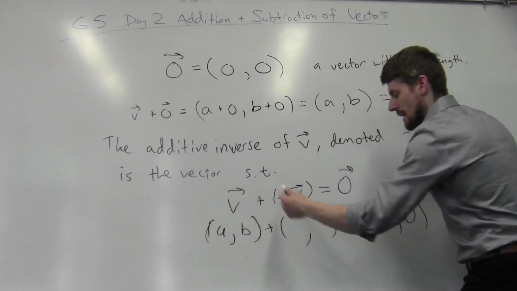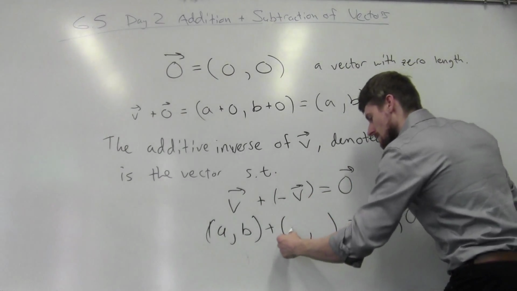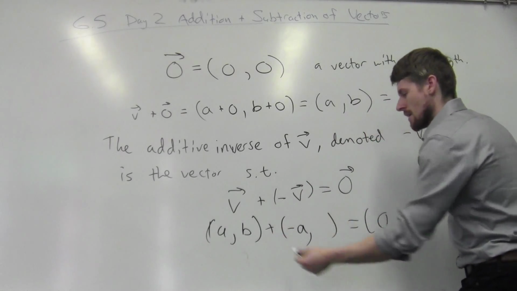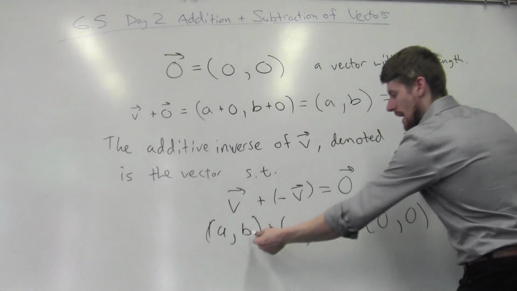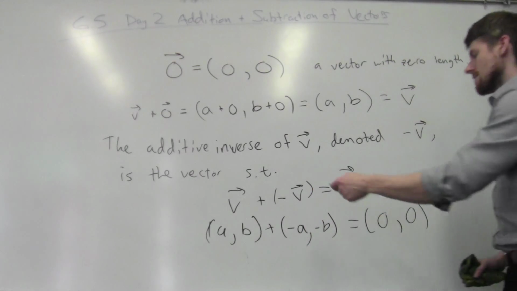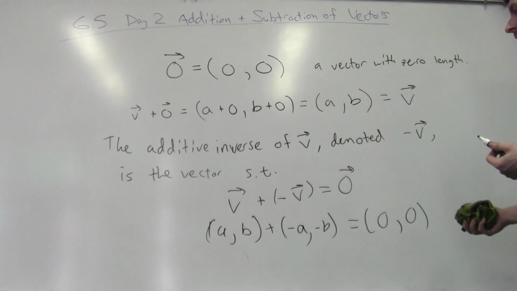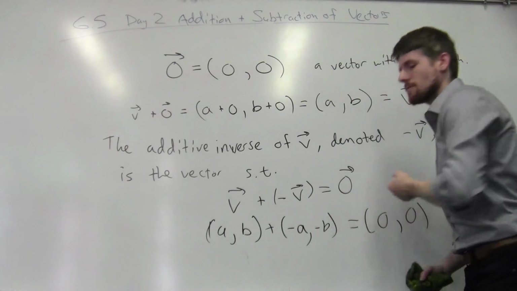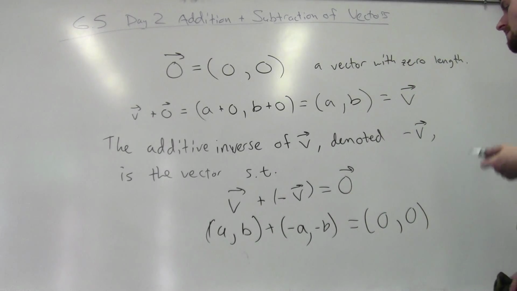By adding a and a number. The only way for this to work is if this is negative a. And the only way for me to get 0 by adding to b is if this one is negative b. So the additive inverse vector is just the negative of both of the components of the original vector.